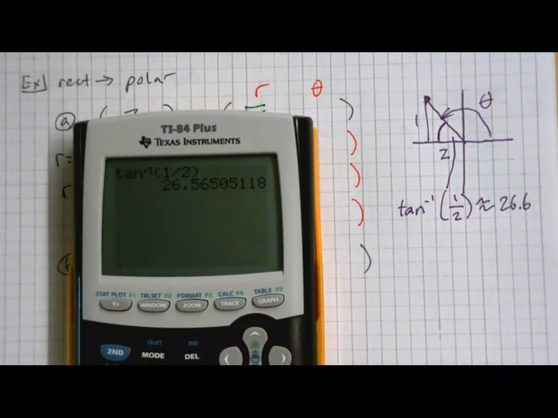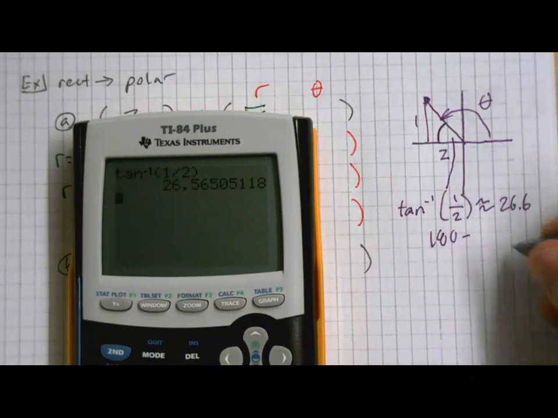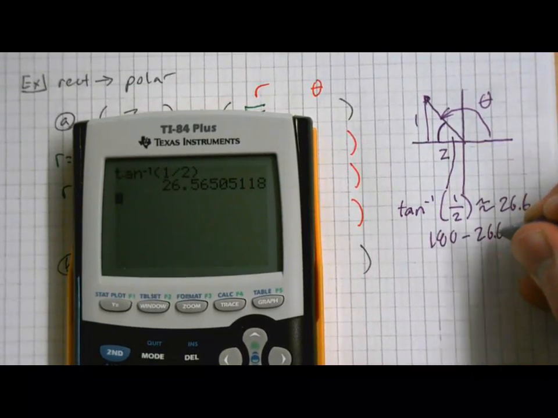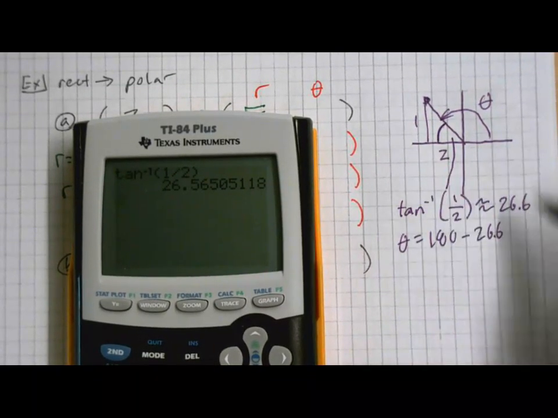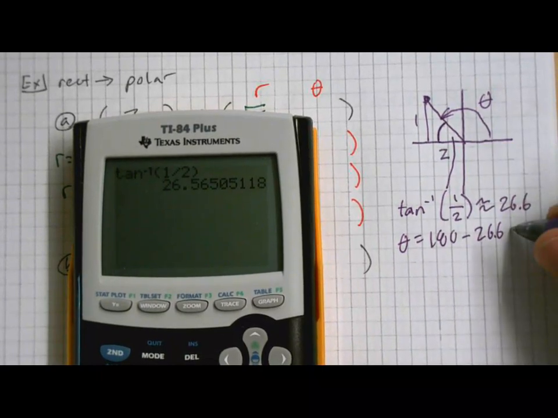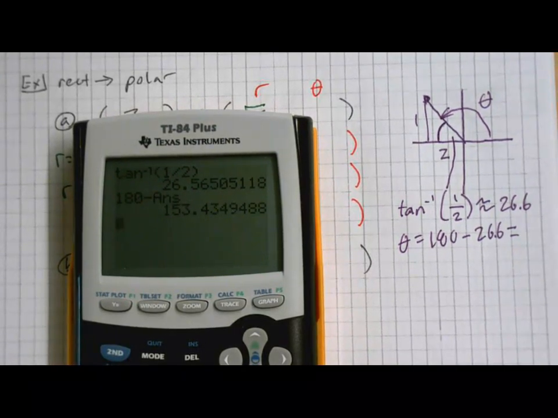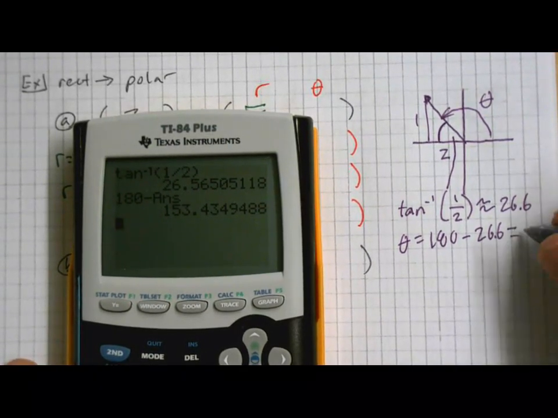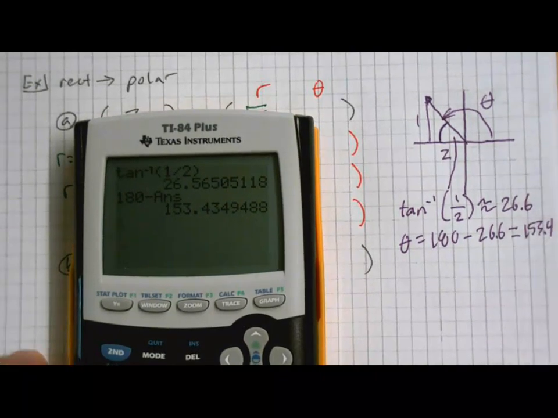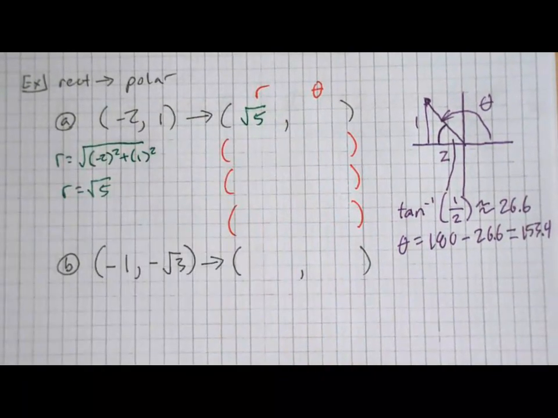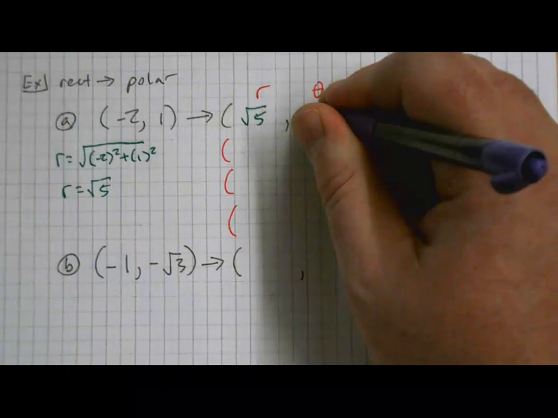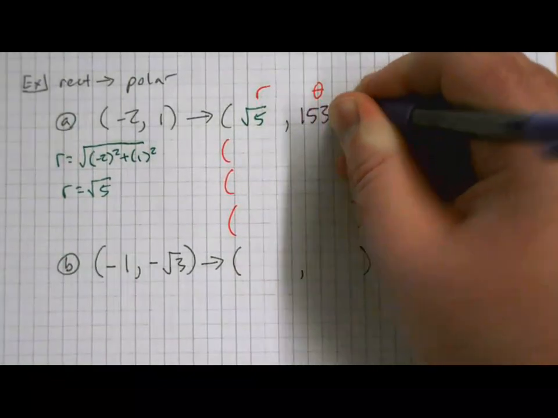But that's not the angle we want. We want to do 180 minus that to get our angle in standard position. Which is about 153.4. Let's just call that 153 for simplicity.